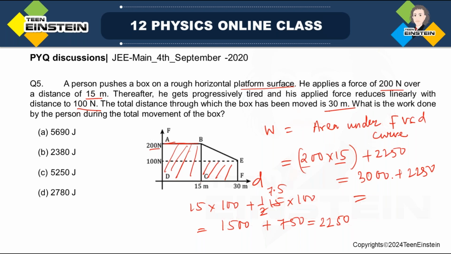So what you get is 5250. This is joule. So option C will be the correct answer for this question.